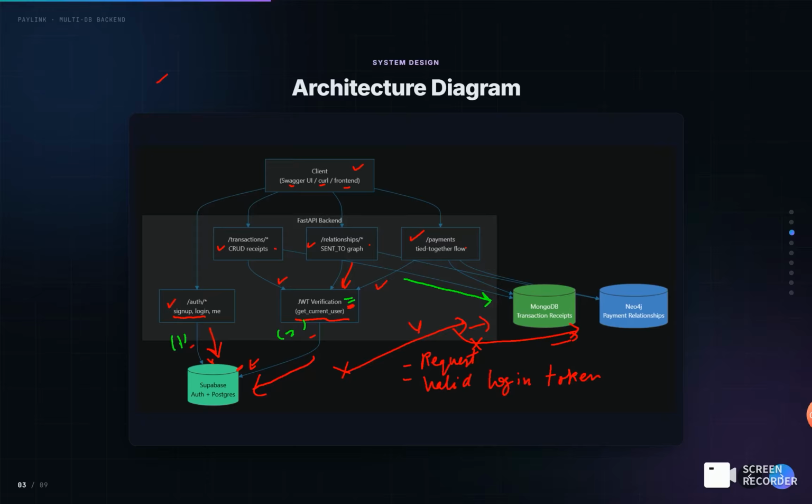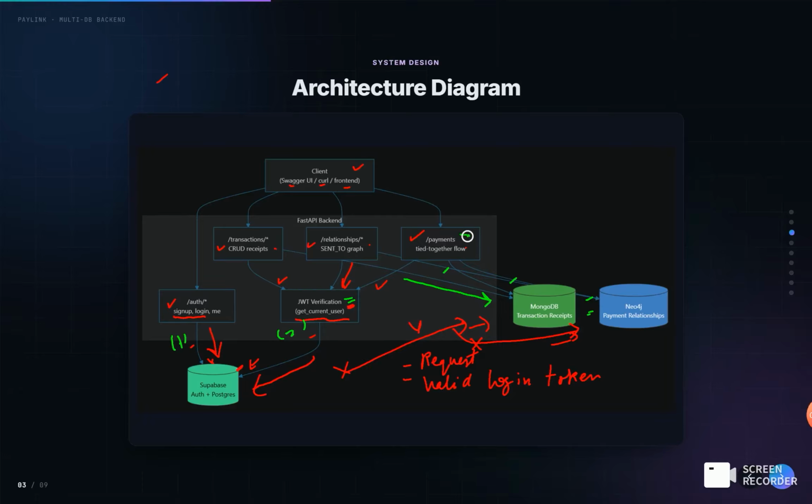See the arrow over here. If relationship routes, then it only ever talks to Neo4j. Check this one. Clean separation. Each route does one job against one database.